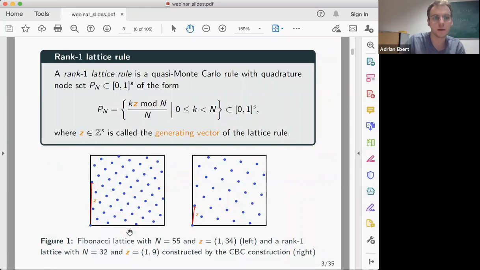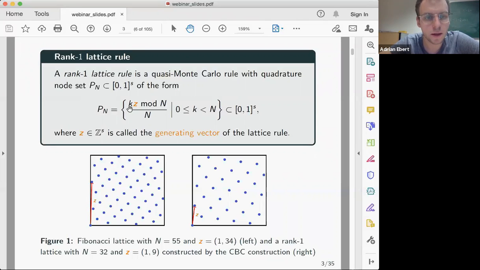One particular family of QMC rules are so-called lattice rules. In particular, we will focus here on so-called rank 1 lattice rules. A rank 1 lattice rule is a quasi-Monte Carlo rule with quadrature nodes P_n that has this special form here. Let me try to explain this. Basically, we have an integer vector z of length s that we call the generating vector of the lattice rule.